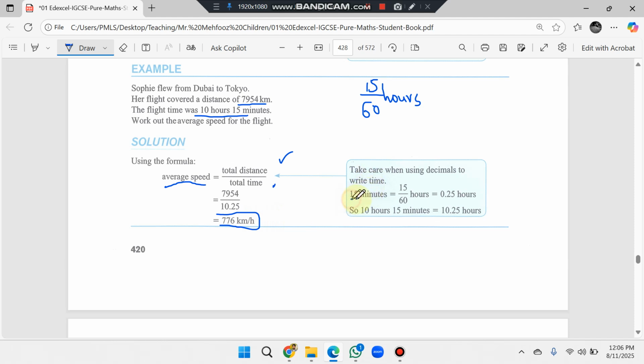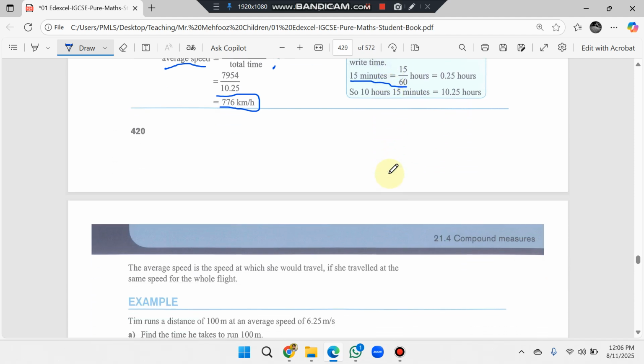So this is the method that I used. 15 over 60 hours is equal to 0.25 hours. So 10 hours are given and 15 minutes are extra. So we add these two. So your answer will be 10.25. Do you understand this example?